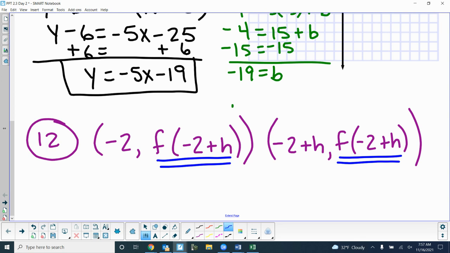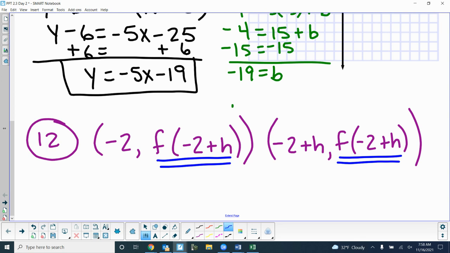So what's the slope of that line? 0. Right? Doesn't matter what the x is, because it's going to be 0 divided by something, which is 0. Okay? So they made it look kind of weird, but we don't even know what f is to figure it out, but they're the same thing. So when we subtract them, we're going to get 0.